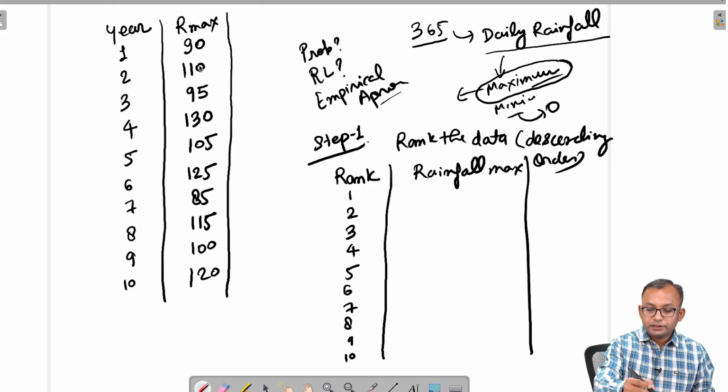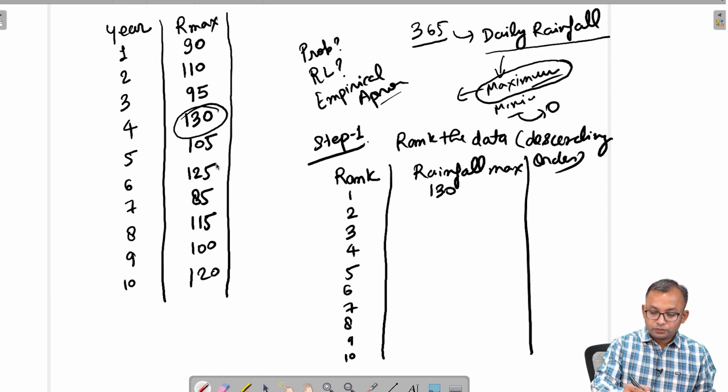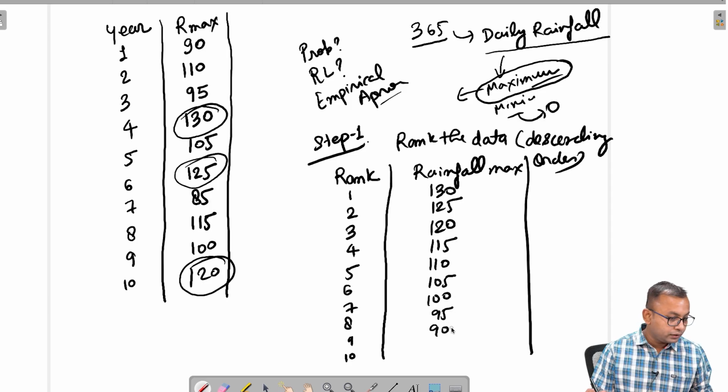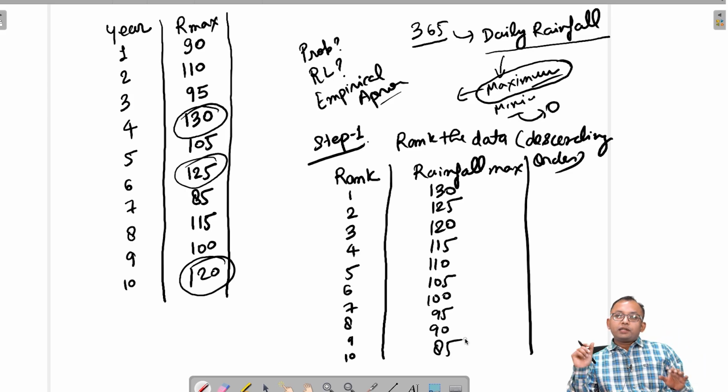The maximum value of this data set is 130. The second maximum value is 125. The third maximum value is 120, then 115, then 110, then 105, then 100, 95, 90, and 85. So, these are the rankings of the data set.